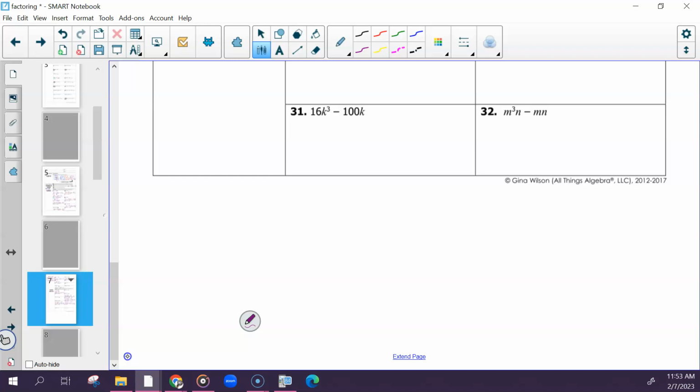Not numbers, or not any numbers, but variables. Do they have any in common? M and N, one N. So if we're dividing each by one M and one N, what's left?